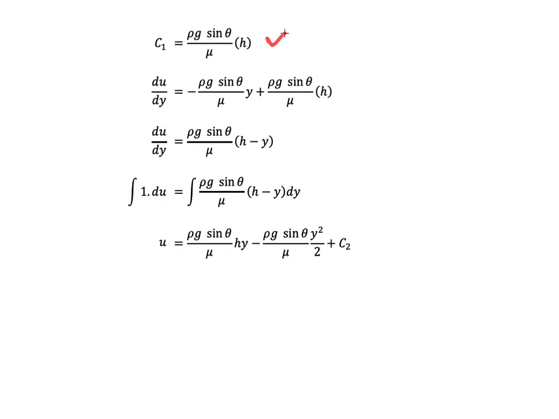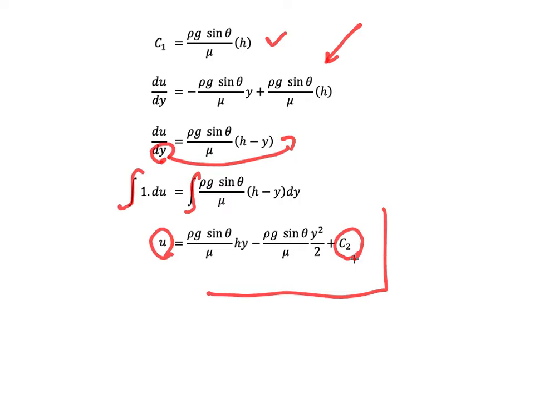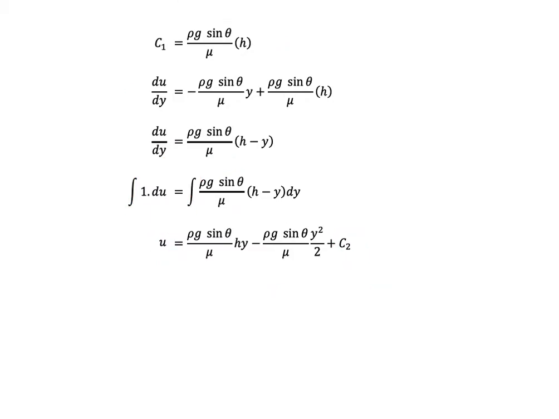And then we substitute into the equation, and we integrate for the second time. So we have du dy, and we bring the dy to the right hand side. So we integrate again, so we have the integration of du. So we get u, and then we get this one. And once more, we have a constant, so we write it as C2. And then we need to determine the value of C2.